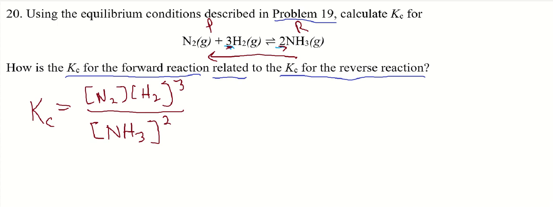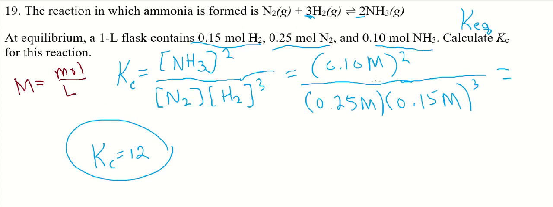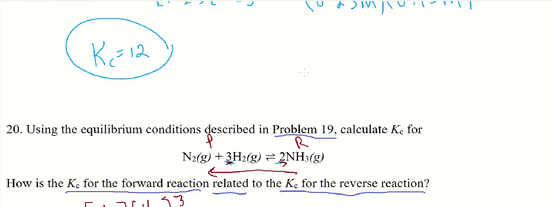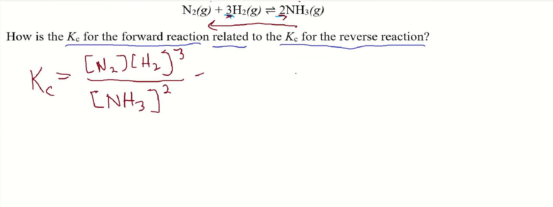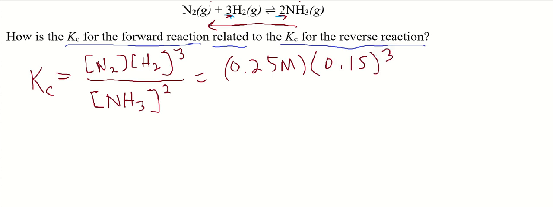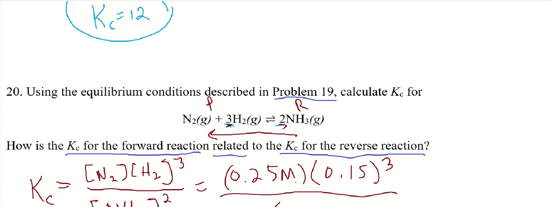The numbers given were the same numbers as earlier, so let's just flip this around. 0.25 and 0.15. 0.25 moles per liter for the nitrogen, and 0.15 to the third for the hydrogen, and what was the ammonia? 0.1.